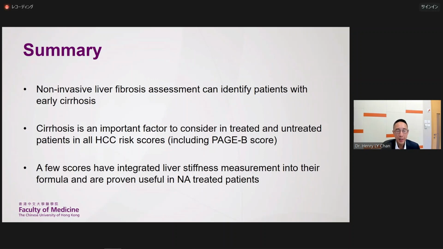So do not be mistaken that in PAGE-B score, there's no cirrhosis, so cirrhosis is not needed. In fact, it is the investigators who deliberately removed it for the easiness of application. So few scores have integrated liver stiffness measurement into their formula, and they are proven useful in any treated patient. Examples are the M-RICH-B score and the LSM-HCC score. So with that, I would like to finish, and I'm happy to answer any questions. Thank you.